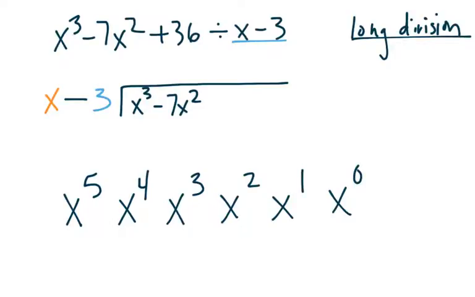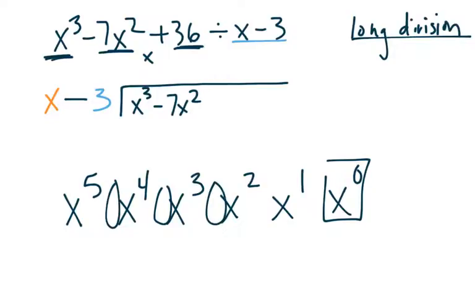Remember, x to the 0 is usually just the constant number, because x to the 0 is 1. So that's like my x to the 0, x squared, x cubed. I don't have any just x term. So if you don't have one, you consider 0 times that one. So I'd go plus 0x, then plus 36.